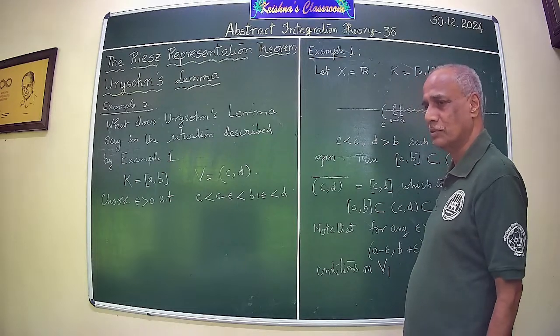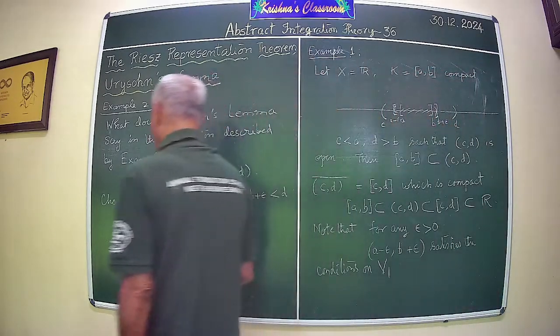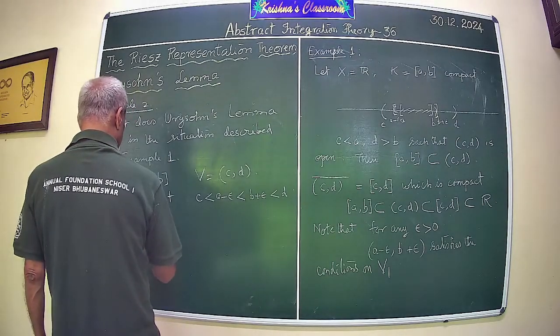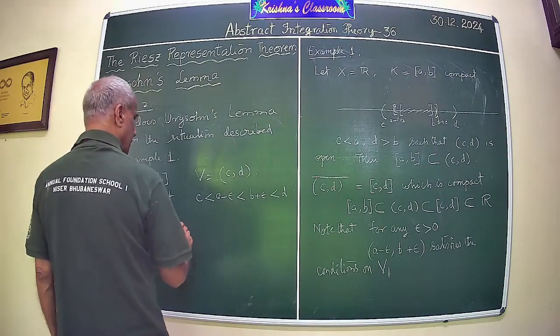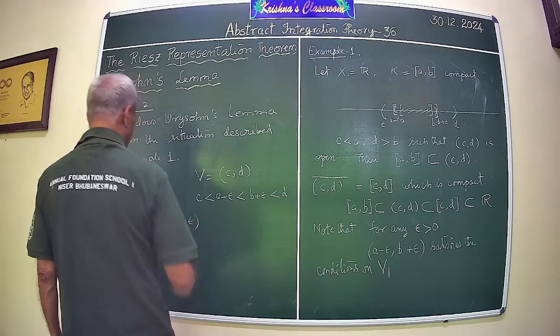In fact, several epsilons do exist in this case. Then choose V1 to be this option.